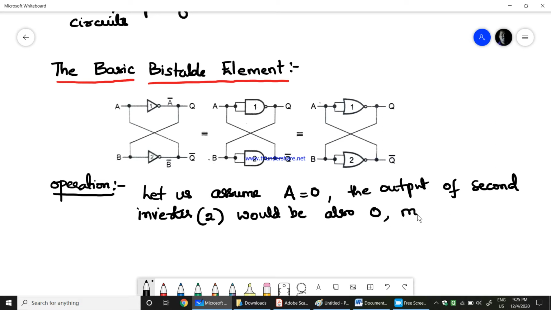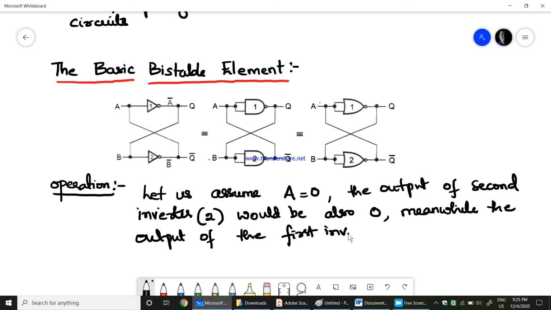Meanwhile, the output of the first inverter, which is the output of NOT gate 1: when A is 0, what happens to the output of this first inverter?